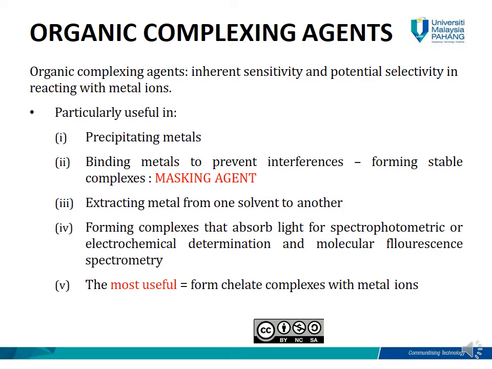Next is extracting metal from one solvent to another. When we want to extract the metal from one solvent, we can simply use the organic complexing agent as our ligand. The formation of a complex that absorbs light for spectrophotometry is a bonus, as it can be determined using molecular fluorescence spectrometry. This is another instrument that can be used with organic complexing agents.